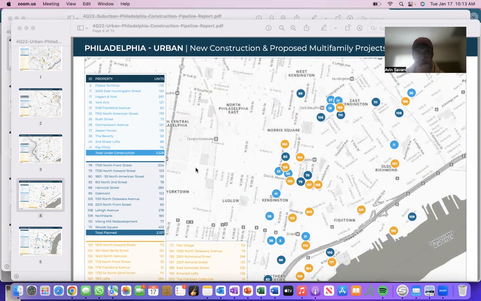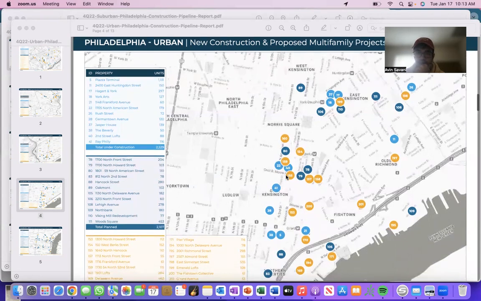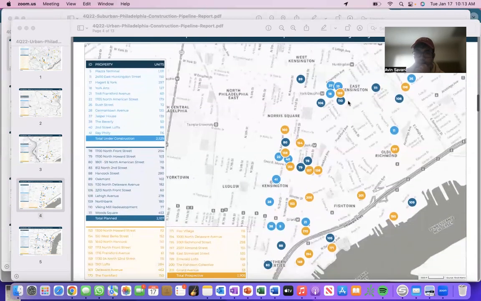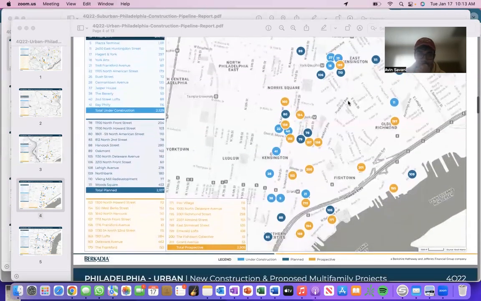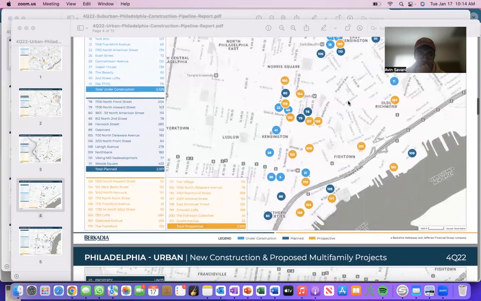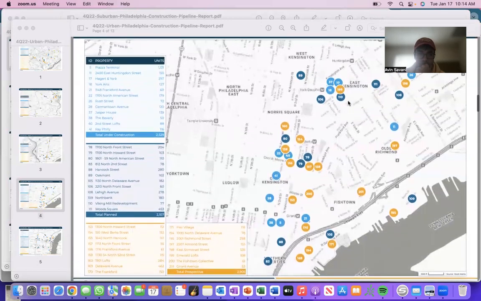I think it's also near University City as well. So yeah, you're seeing some transactional volume here. Sorry, not transactional, I keep saying construction volume here. And then a little bit here in East Kensington. So yeah, and that's always good to know.